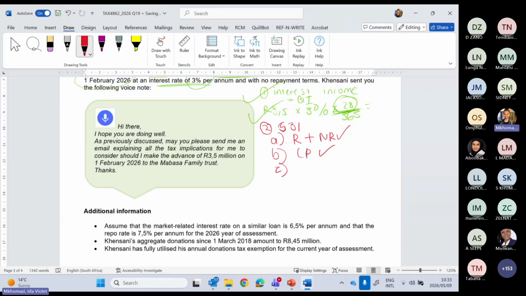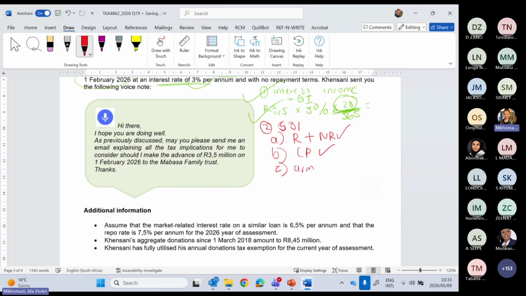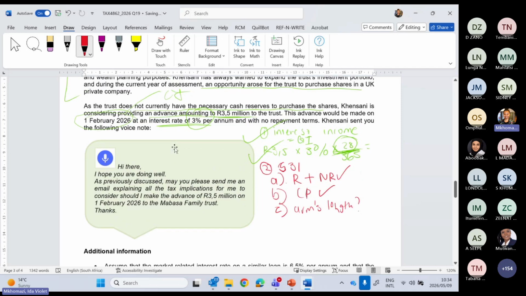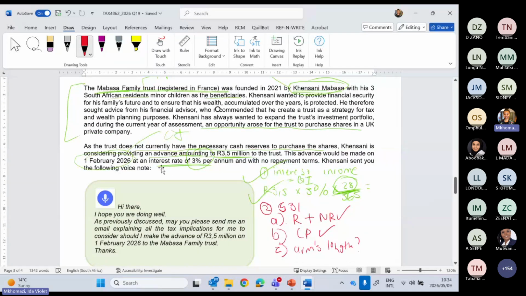The third thing, you need to consider if the terms of the transaction are arm's length or not. By this, we mean, are they market related or not? And you have to read the question in order to determine that, right? They told us that Kensani provided the loan at a rate of 3%.